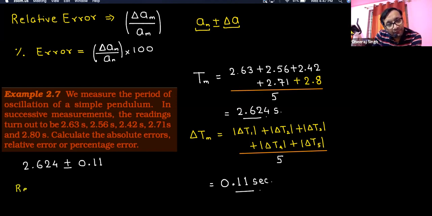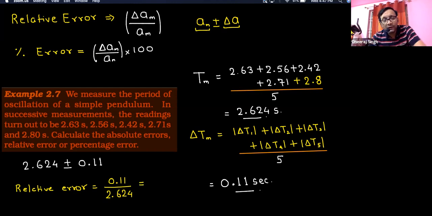Relative error is 0.11 divided by 2.624. How much it is? What do you think? This you should calculate. Rough calculation.